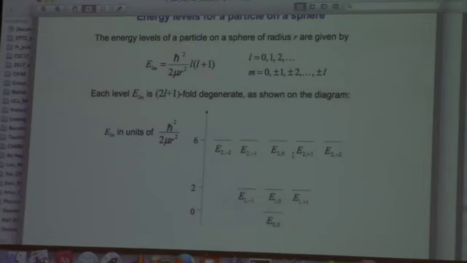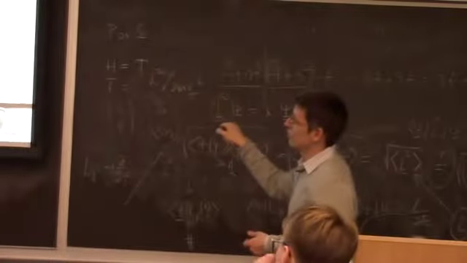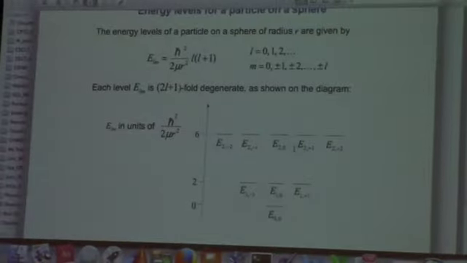For the particle on a sphere, energies change depending on L, but they don't change depending on M, because the energy expression depends just on L, not on M. So M enumerates the functions which are degenerate within this energy level, essentially, right?